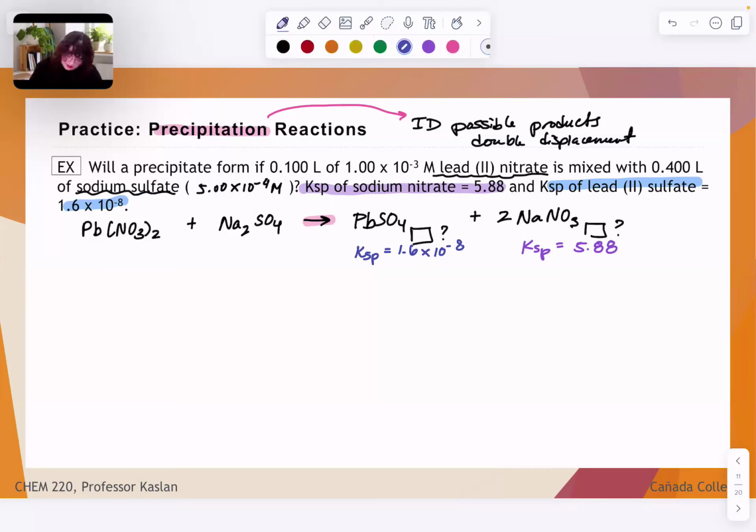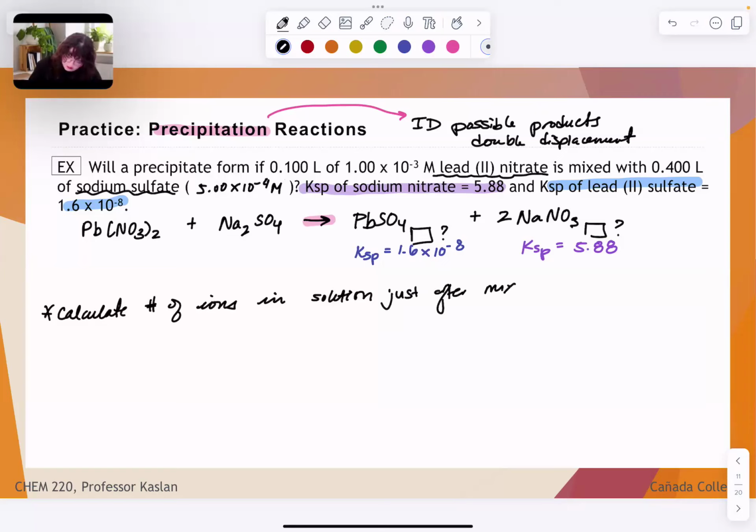So let's look at our number of ions in solution that are in the reaction mixture, just after mixing but before the reaction happens.